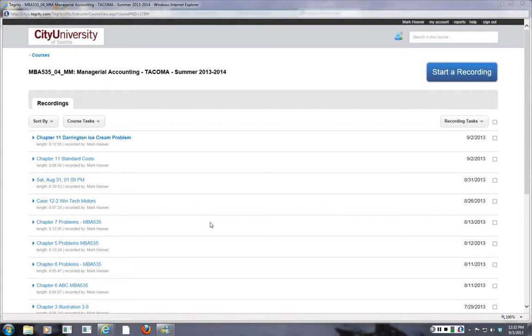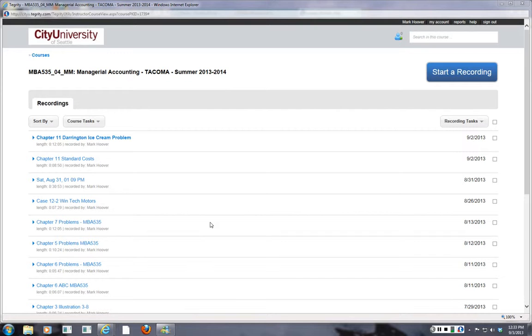Then chapter 11 is standard cost and variance analysis. What are standard costs and how are they developed is something we need to know. And so we come up with the development of standard costs, and what we get out of that is variances. There's a material price variance and a material quantity variance.